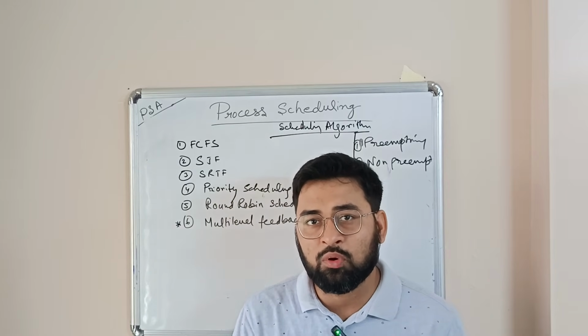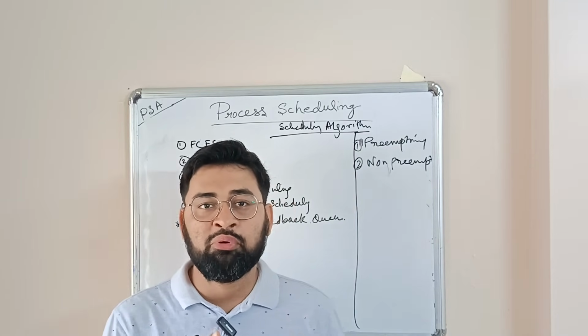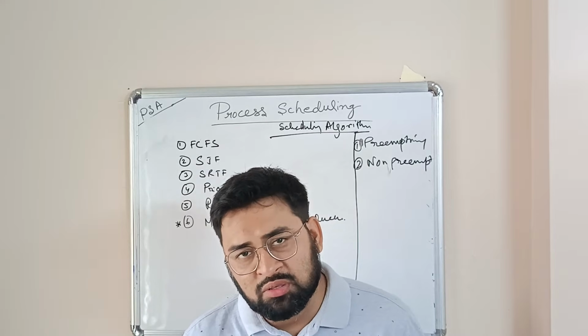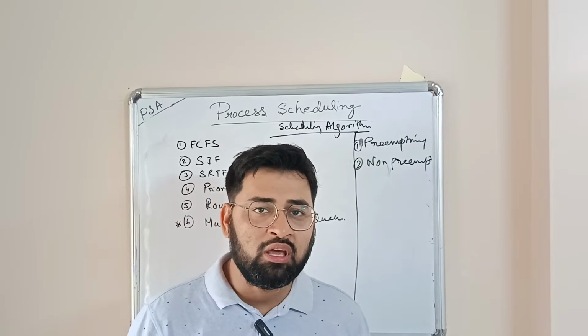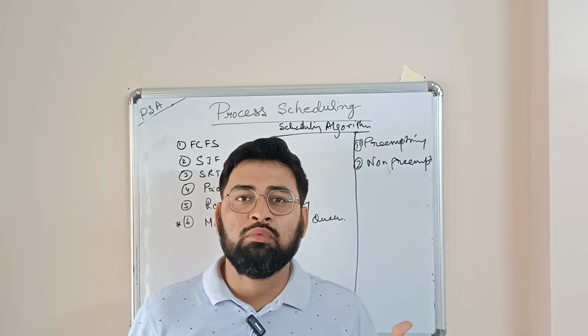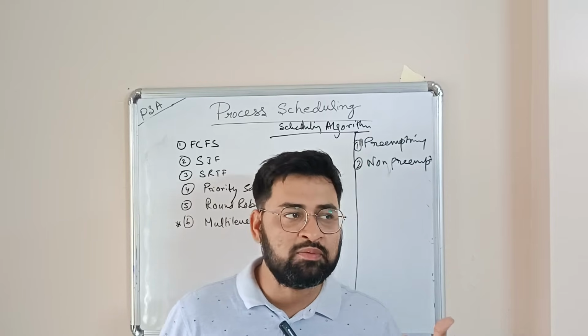So these are the main points you need to remember about preemption as well as non-preemption. Preemption is very much important, and some algorithms behave in preemptive mode. So based on preemption, we have various types of algorithms.